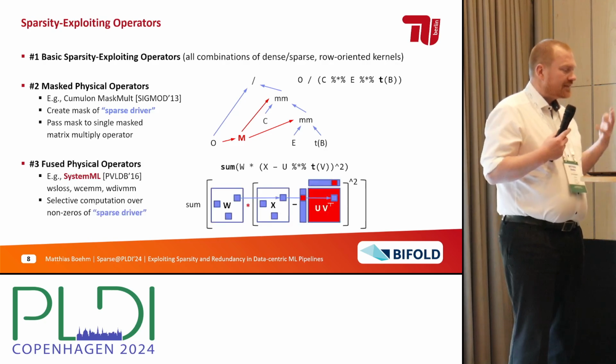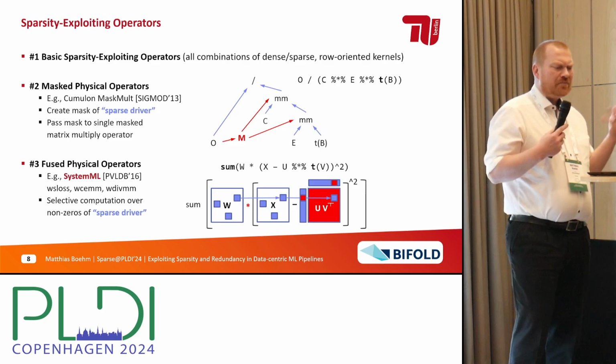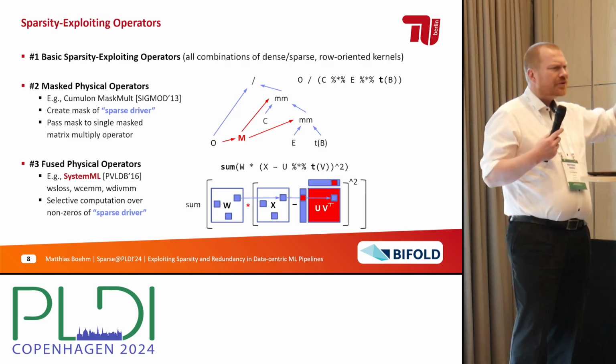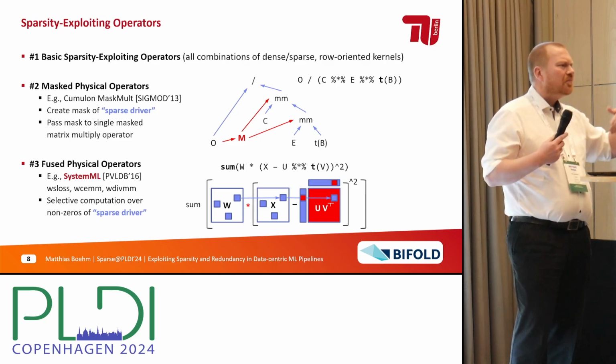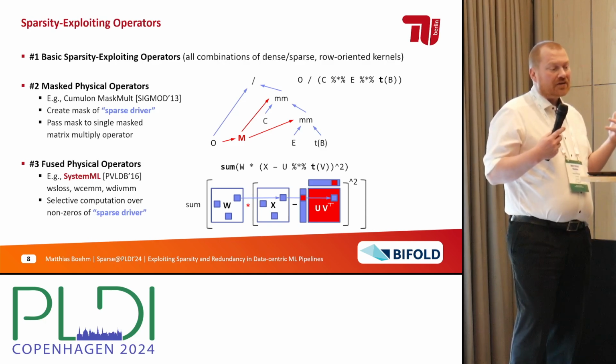What we are doing instead is we similarly rely on a sparse driver. So this example comes from matrix factorization. So you have an ultra sparse ratings matrix, often 10 to the minus 8, 10 to the minus 7, X. And in this case, we're computing the squared loss.